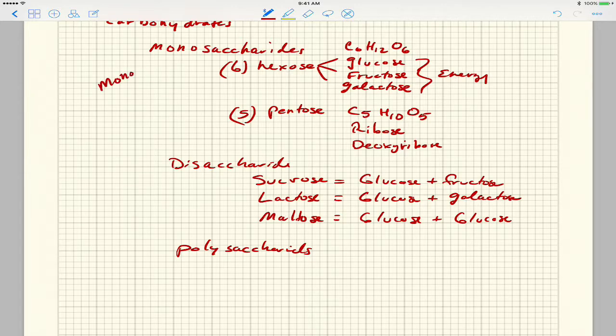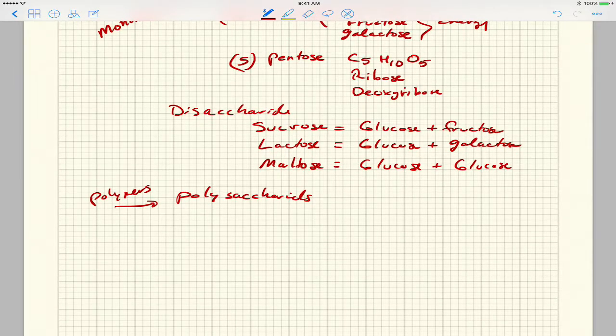The monomer, the building block, are the monosaccharides, and the polymers are the polysaccharides. The disaccharides are kind of a bridge between them, although that's not entirely true because polysaccharides are almost entirely made of glucose, where lactose and sucrose have those oddball fructose and galactose involved.